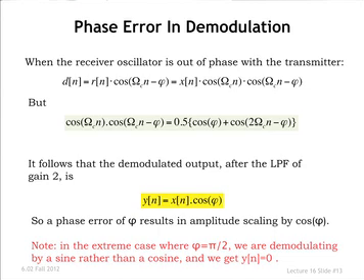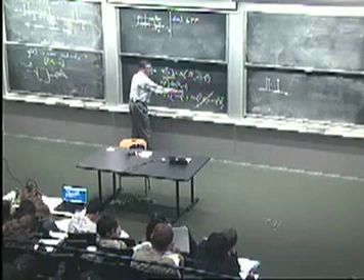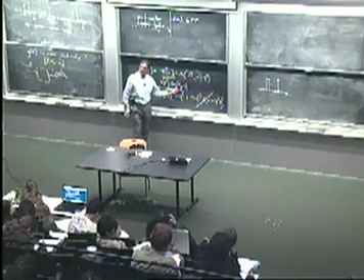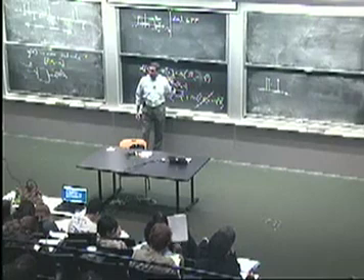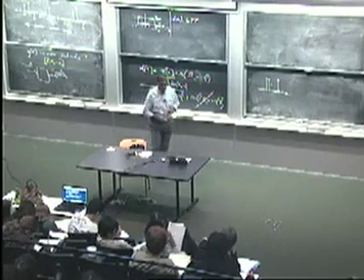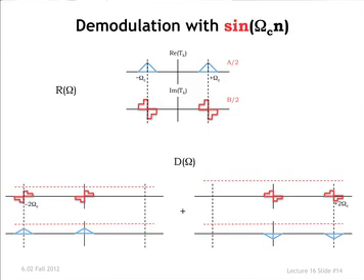The case of a phase error of pi over 2 corresponds to looking at a signal that was transmitted on a cosine and multiplying it by a sine. If you can think through that in the spectral setting as well, maybe you'll do some of this in recitation, or maybe you already have.